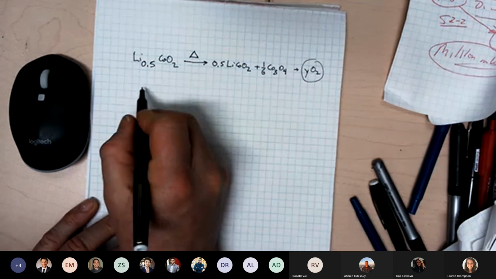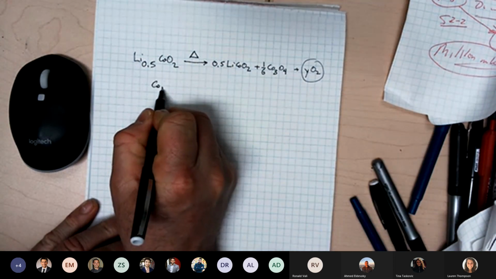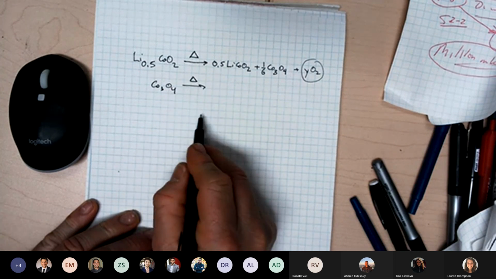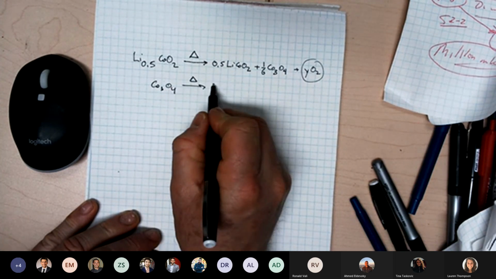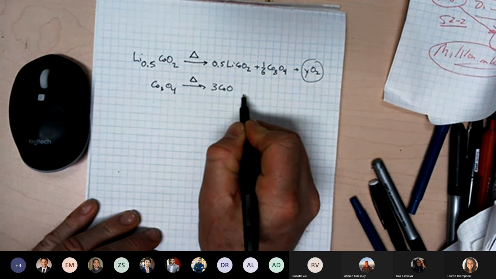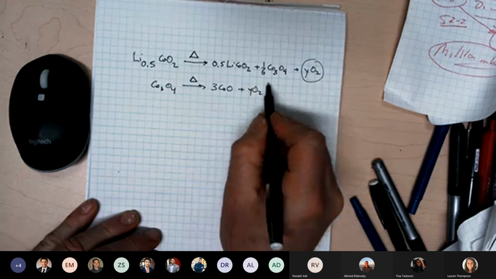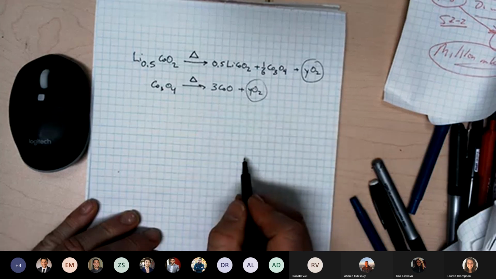Then the next step is Co3O4 plus heat in the presence of electrolyte goes to 3CoO plus more oxygen. And that combusts electrolyte.